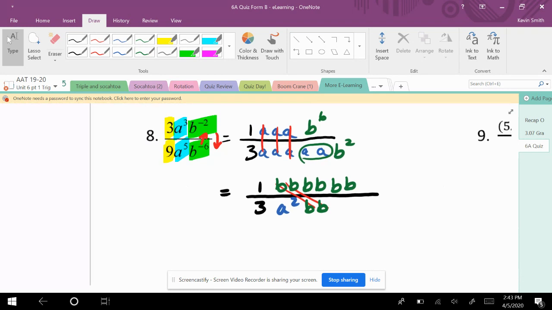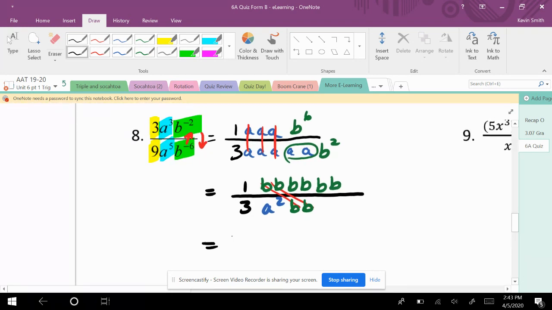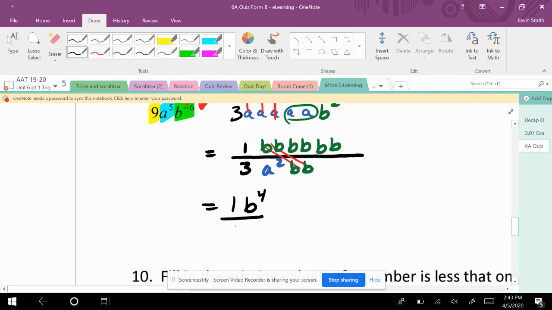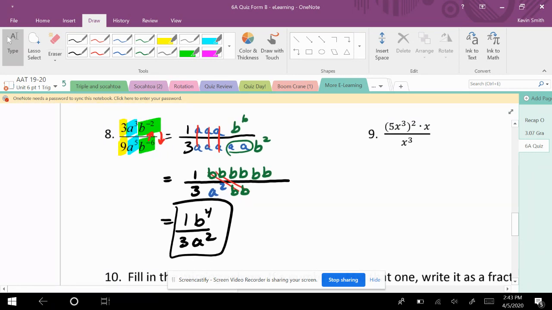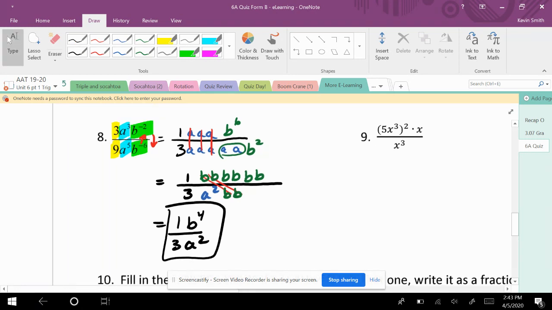And so our final answer would be 1 b to the 4th over 3a squared. That's a super tricky problem, but it all just comes down to expanding out, knowing that those two negatives switch, and making sure you're simplifying your numbers.